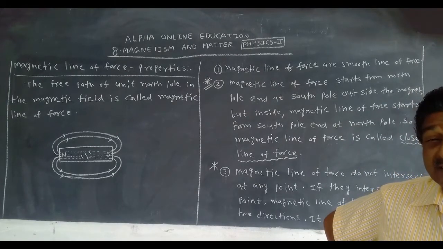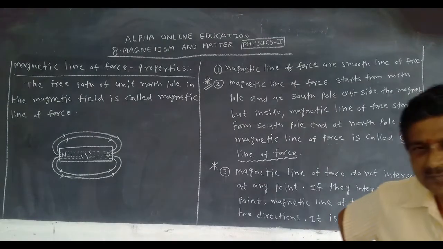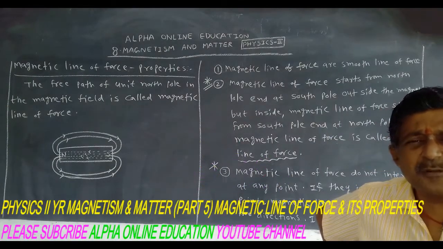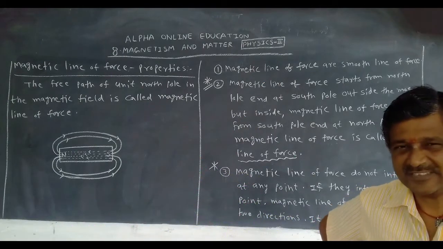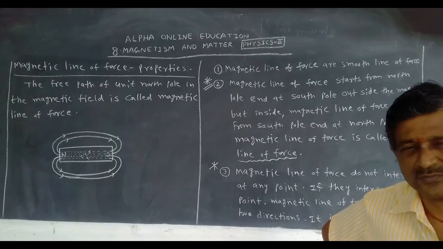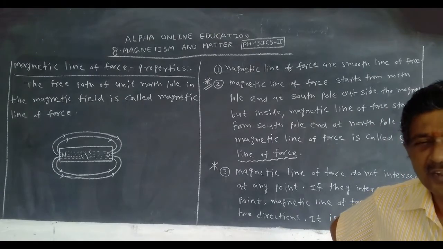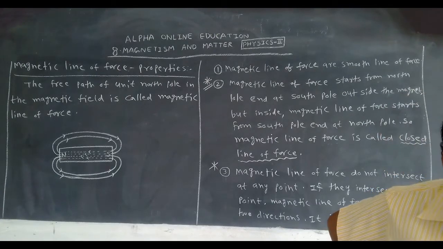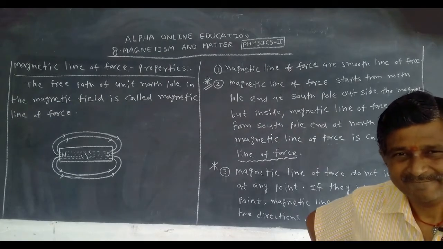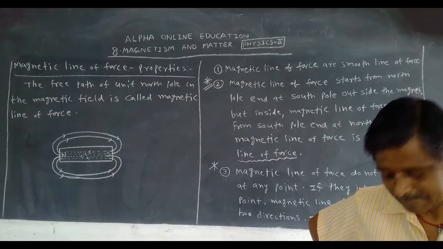But let us take electric line of force. Electric line of force starts from a positive charge and ends at a negative charge. That's why it is not a closed line of force. Okay? Electric lines of force also do not intersect. Magnetic lines of force also do not intersect. Okay, this is clear? Right.